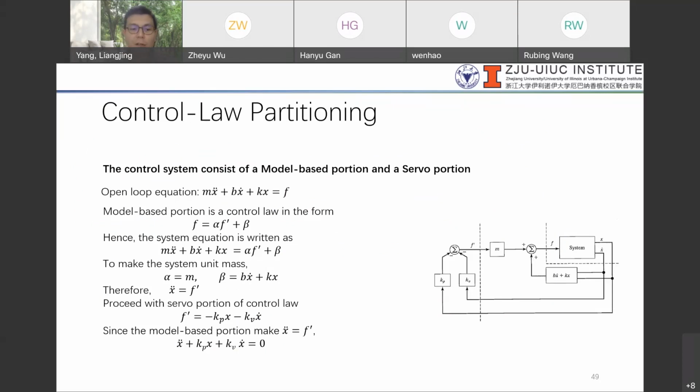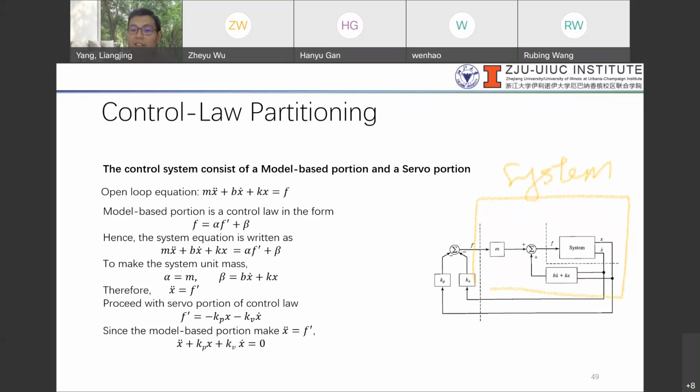So instead of looking at the control system earlier on with just a single servo law, just now you remember we saw this entire thing as one system.